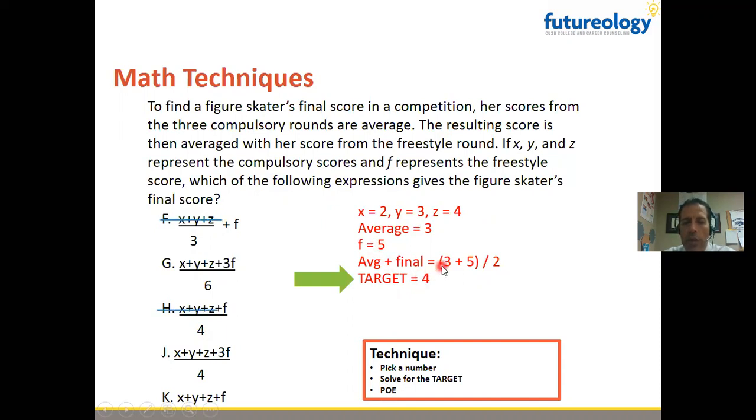So if we go here and we're looking for 4, it's actually going to be G. Now, some of you might have done it algebraically, so you thought, oh, well, then it's F for sure.